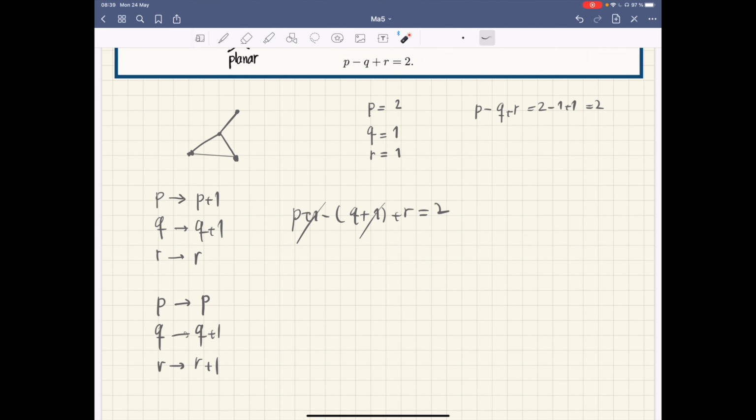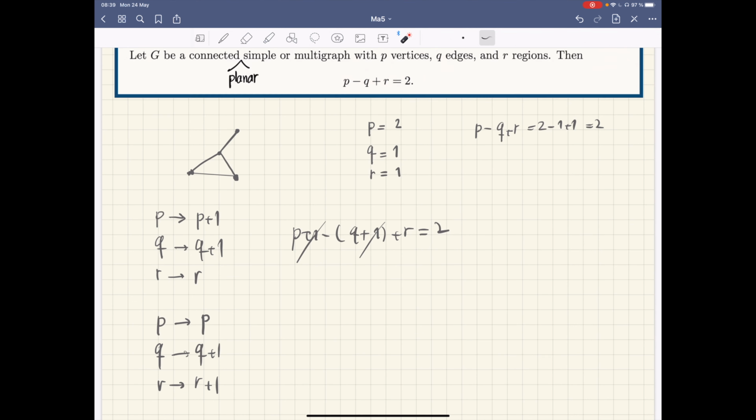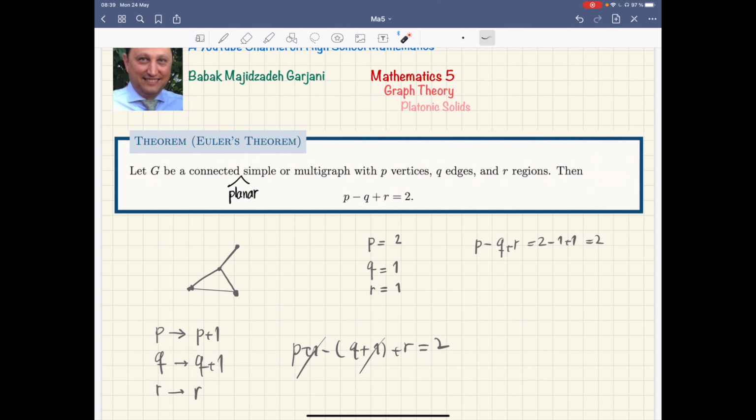So even though it seems a very hard theorem, it is not that hard. Yes, it's understandable immediately. Is that clear? Yes or no? Okay, so this is more or less, I would say, the rigorous mathematical proof, but you also need to consider the multi-graphs as well, considering loops and considering multi-edges. But you can immediately convince yourself that this is actually correct.